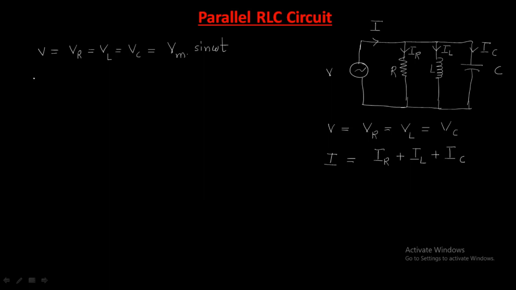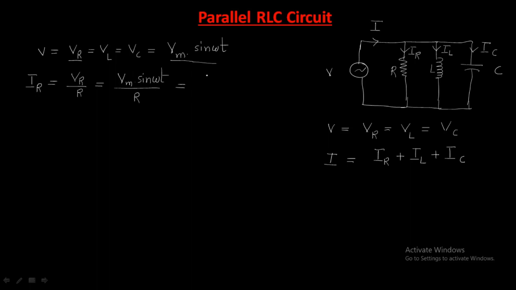The first current is IR, the current flowing through the resistor. It is the voltage across the resistor by the resistance. Just note down this: Vm sin omega t by R.